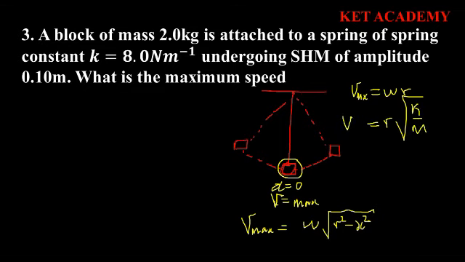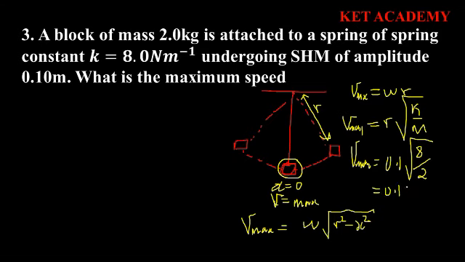So doing our numerical application, Vmax will be the amplitude, which is the radius r, which is 0.1, times the square root of k, the spring constant 8, divided by the mass of 2 kilograms. 8 divided by 2 gives us 4, the square root of 4 is 2, so this will be 0.2.